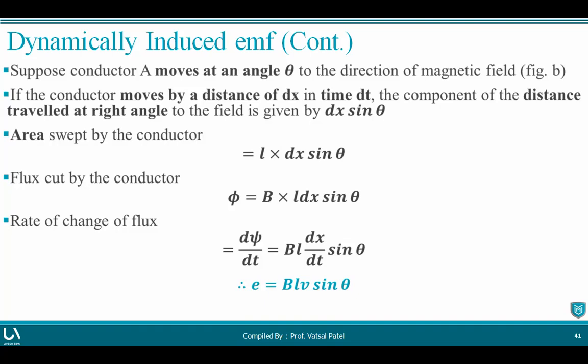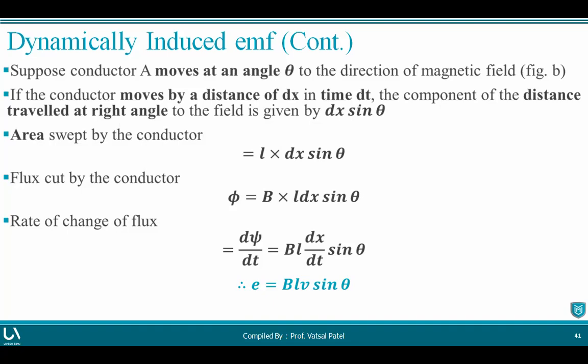So whatever we discussed in our previous part, in the calculation, only one component we have over here, that is the sine theta component, the angle component we identify here. So that's why it is L dx sine theta. And then the flux is cut by the conductor. So flux is equal to phi, and that is equal to B into A. A is equal to L dx sine theta here.